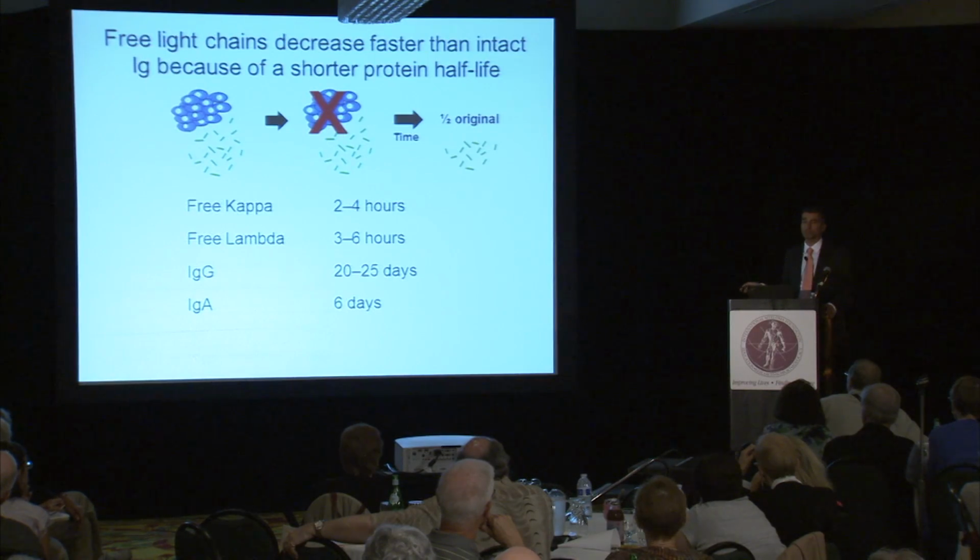If this was 1,000, how long does it take to get to 500? That's called half-life. For these molecules, it's on the order of hours. In the case of the intact immunoglobulin molecule, it takes weeks. So if you kill every myeloma cell, you may not see a change in the intact immunoglobulin for some time.